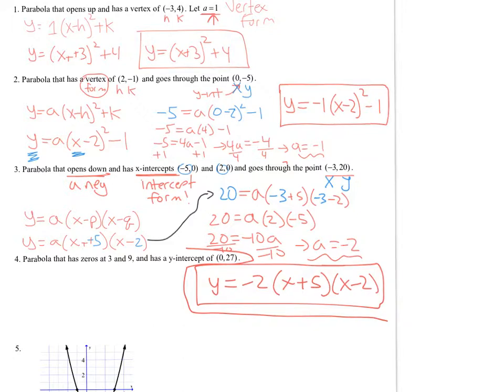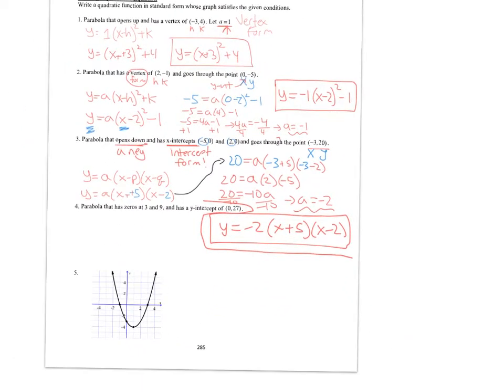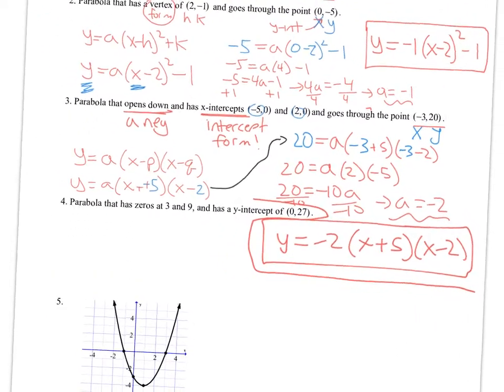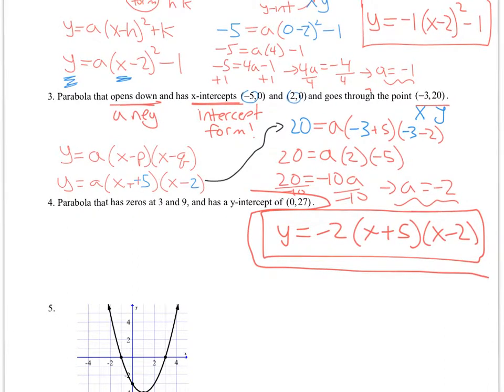Alright, and we've got two more. So number 4, a parabola that has zeros at 3 and 9 and has a y-intercept of (0, 27). Okay, it's the same problem as number 3. So I want you to pause the video and try it, and then the answer is going to pop up here in a second. You can check and see how you did.